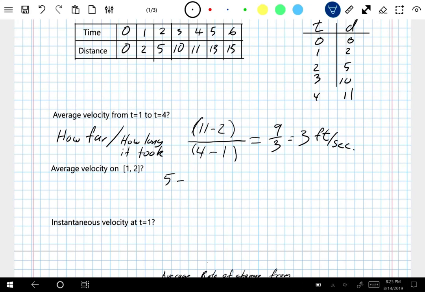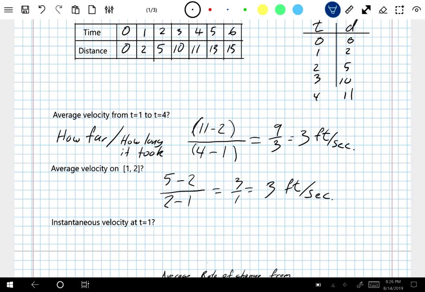At t equals 1, it looks like I was at 2. And how long did that take? I ended at 2 minus the one I started with. So this would be 3 over 1, and by sheer coincidence, this is also equal to 3 feet per second.